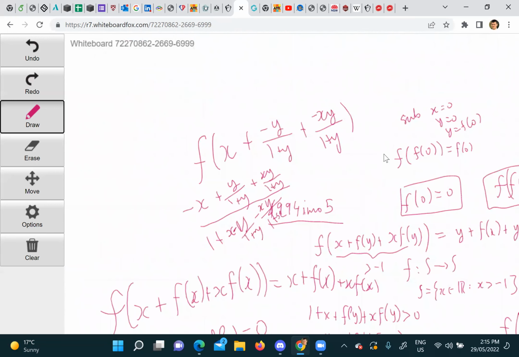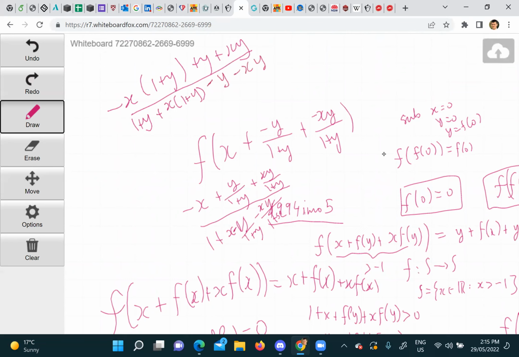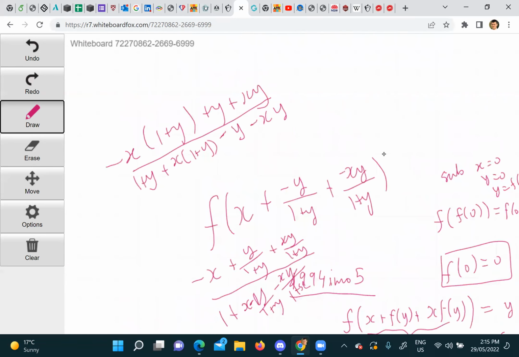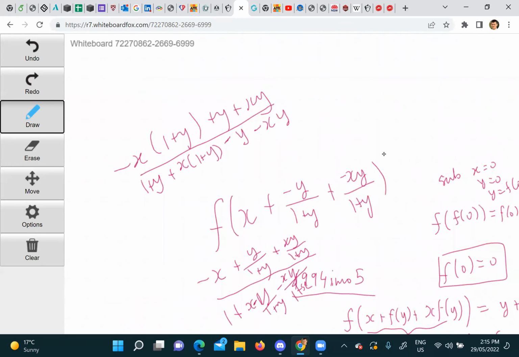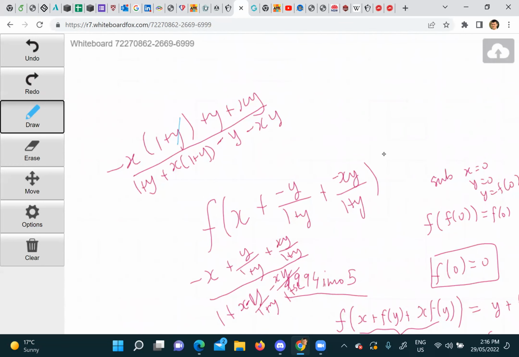So minus x times 1 plus y plus xy, plus x times 1 plus y. This cancels out.